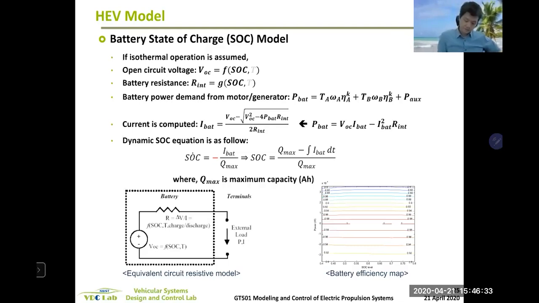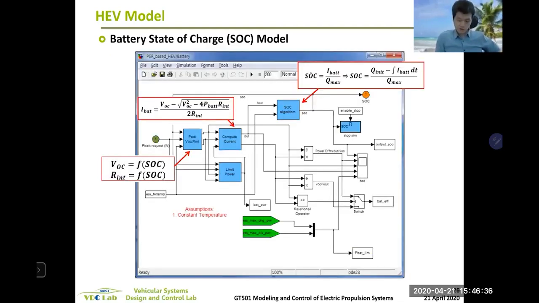But basically, the way this works is, this is the battery power request from the motor, which is the output of the motor. And based on the power, you make sure that the command is feasible. And then for that value, you have to first compute open circuit voltage and resistance value, which is a function of SOC.